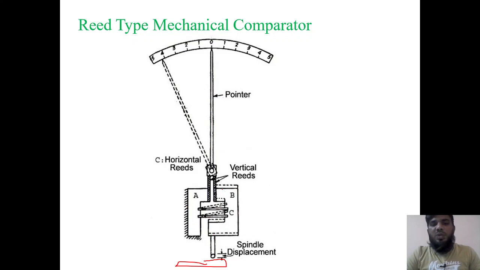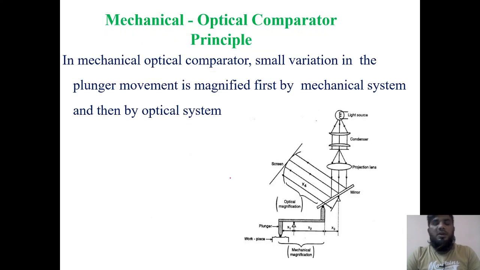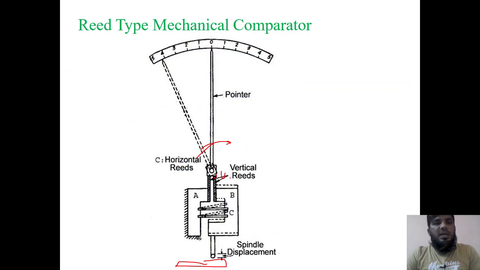When it does, it will push this wall. One wall is fixed, the other wall is free. So when it is pushing from here, the pointer will move in the opposite direction, in this direction. When you release it, the pointer will try to move in this direction. So this is the principle of the reed type mechanical comparator.